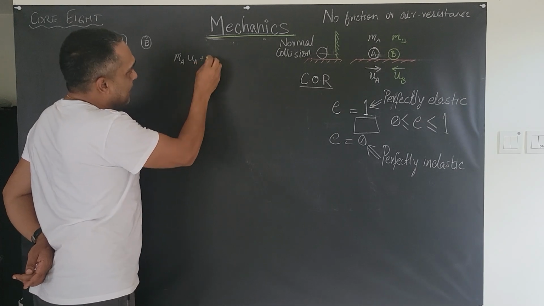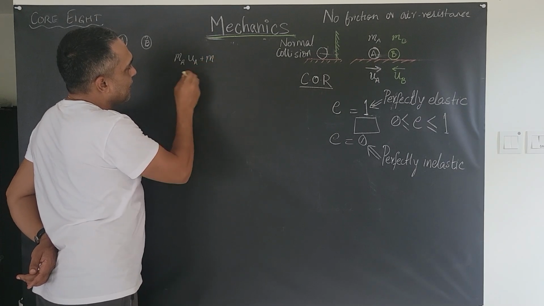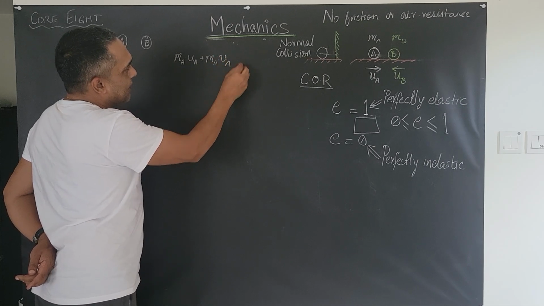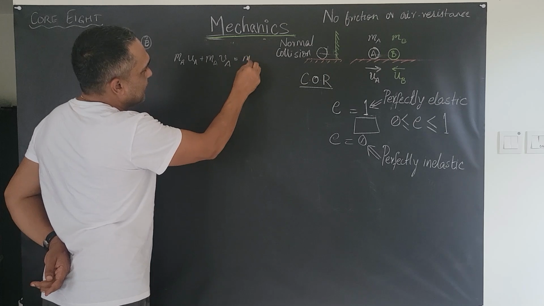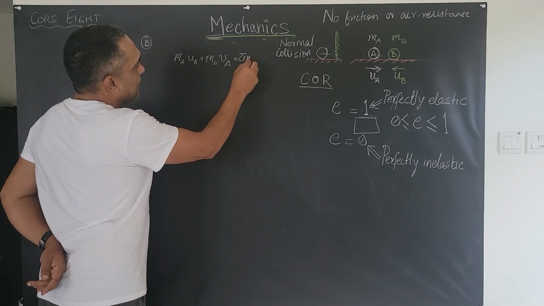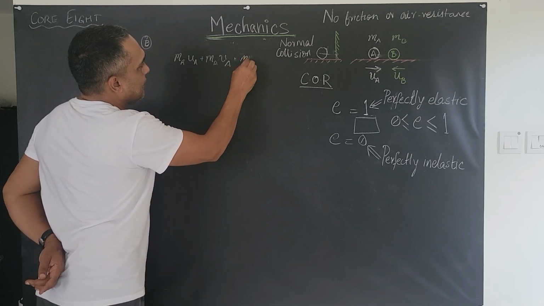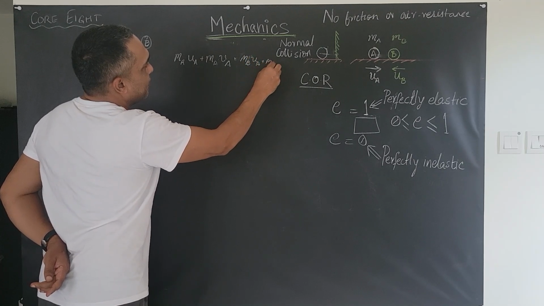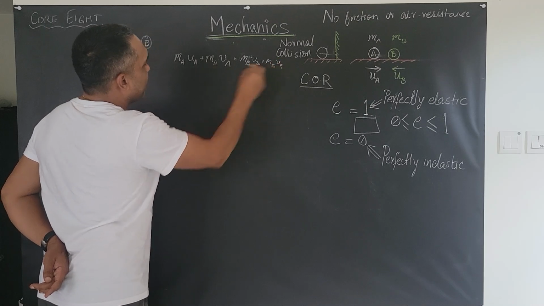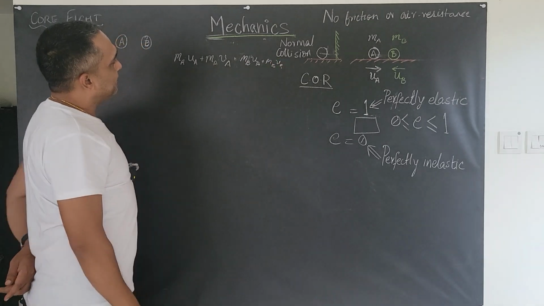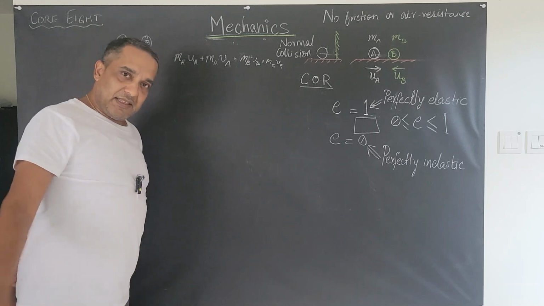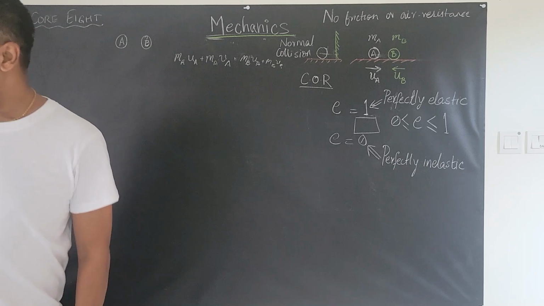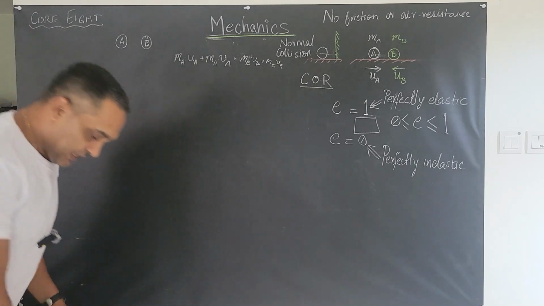Plus, and I'm guessing I wrote ma times va equal to mb ub plus mb vb. I think this is what I wrote, but this is not right. Okay, so I made that mistake, so I have to address that.